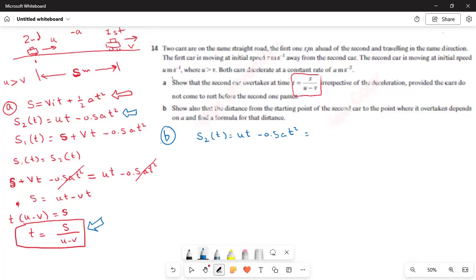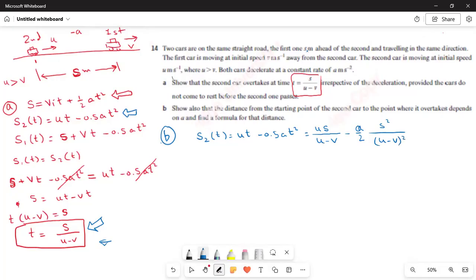And what I will do is substitute this t over here. So it's going to be u s over u minus v, minus 1 by 2 a times t squared, which is s squared over u minus v squared.